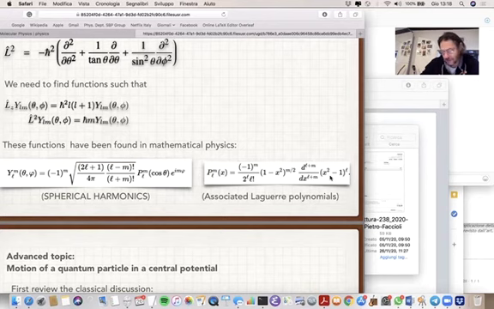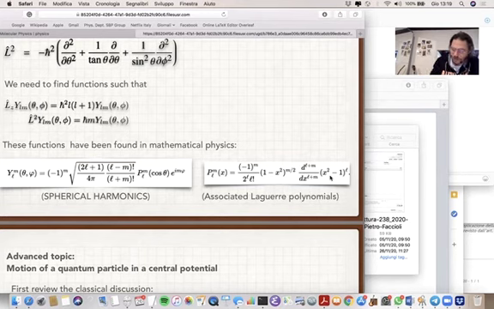And in fact, this is a correct normalization, because if I perform the integral over d phi, d theta, sine theta, from 0 to pi and from 0 to 2 pi, of the modulus squared of 1 over root of 4 pi, that's the normalization of this function, I get 1.